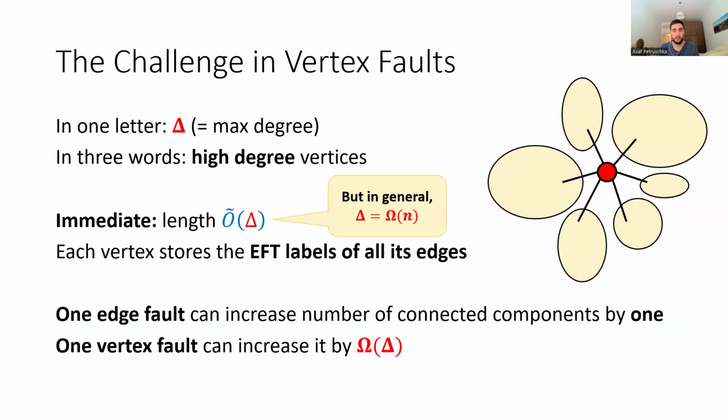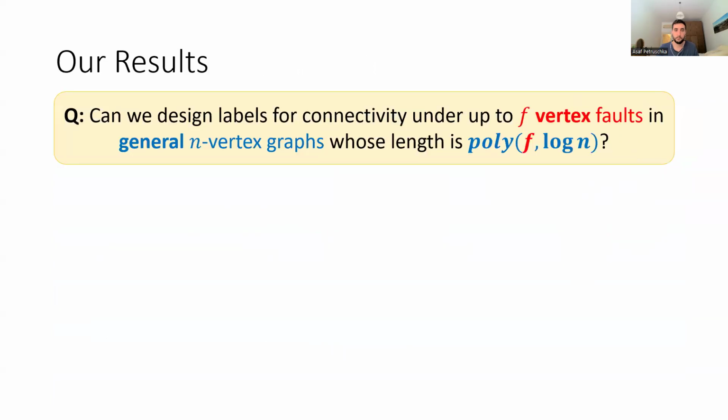And another way to see the challenge is by considering how the graph breaks after a fault. If you have one edge fault, the number of connected components can only increase by 1. But if you have one vertex fault of a vertex with high degree, this can increase the number of connected components arbitrarily. So intuitively, vertex faults can make more of a mess in the connectivity structure of the graph.